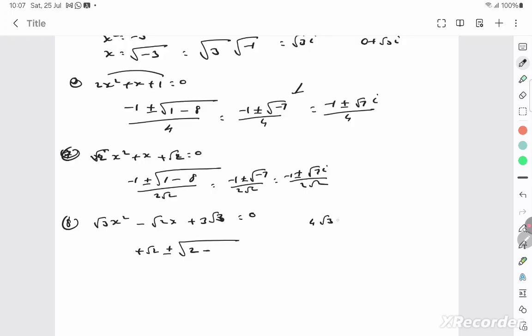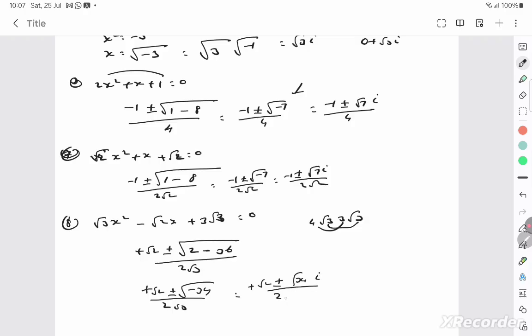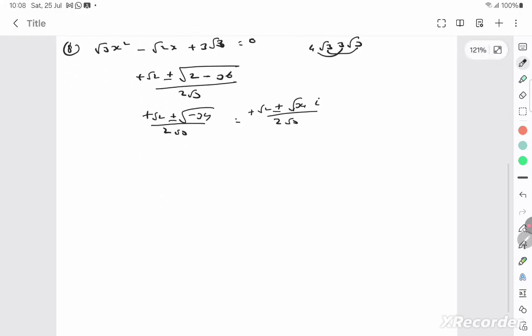Root 3 and root 3 is 3, 3 3s are 9, plus 36, by 2 root 3 is plus root 2 plus or minus root of minus 34 by 2 root 3, which is plus root 2 plus or minus root 34 into root of minus 1, which is i, by 2 root 3. And root 34, if you can split it up into anything you can, otherwise leave it like this. Okay, so these are the kind of sums.